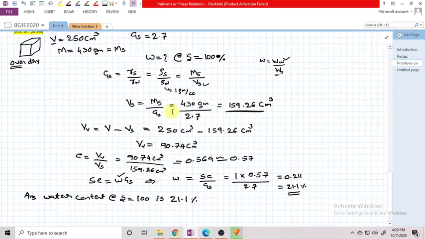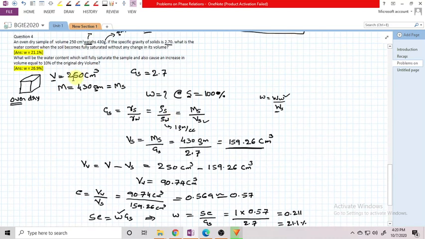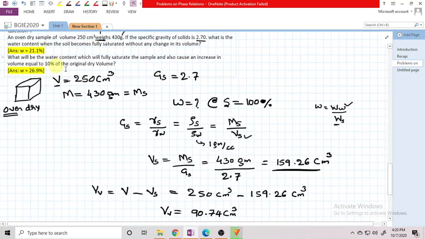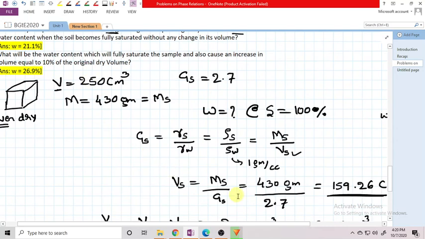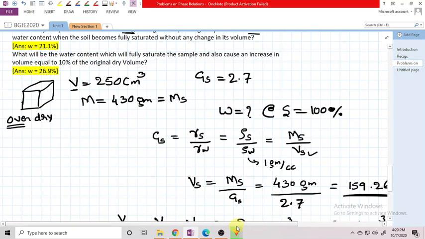What is the second part of the problem? The second part is: what will be the water content which will fully saturate the sample and also cause the increase in volume by 10%.